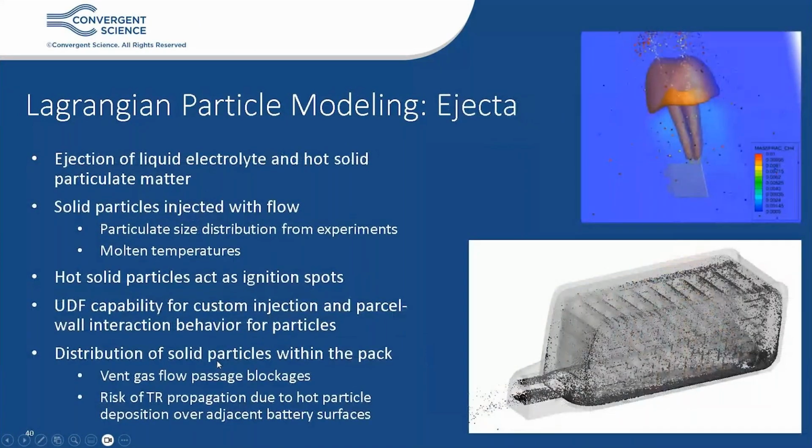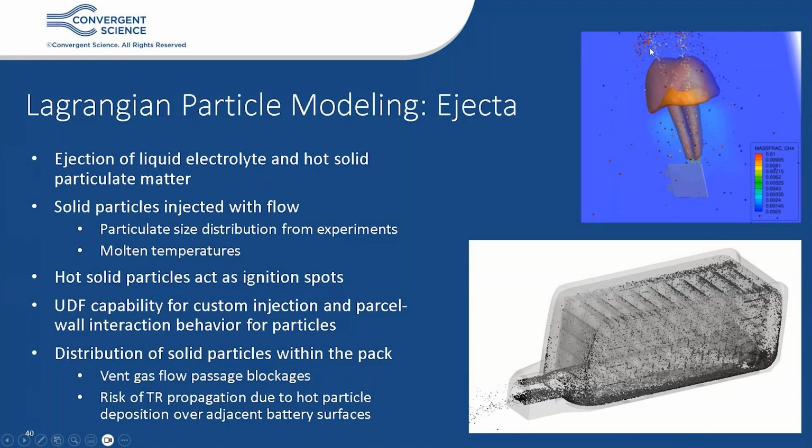Like I said before, during a thermal runaway event, it's not just gases that are ejected, but the liquid electrolyte within the battery and melted or broken off solid particulate matter can also be ejected. Those can be modeled in our simulations. For the solid particles, you can give a particulate size distribution that can come from experiments.